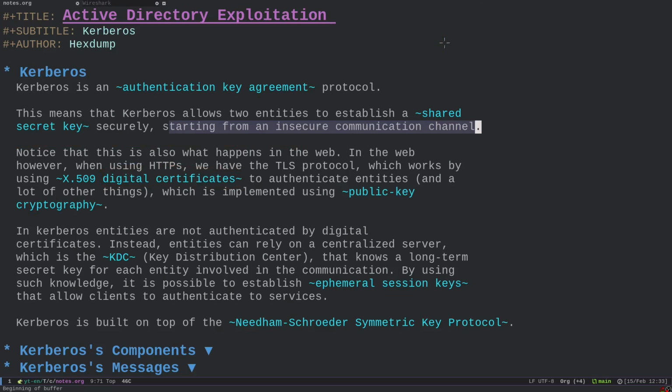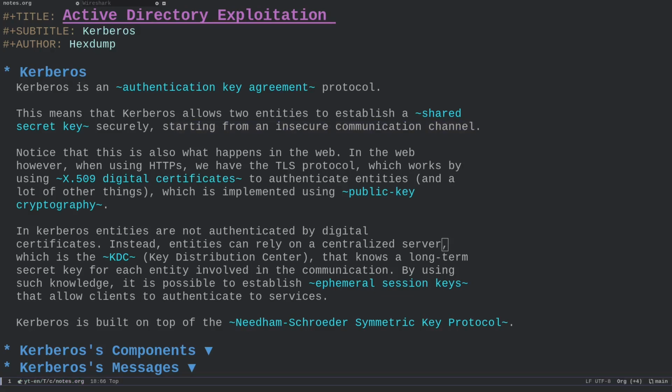But in the communication itself, there are just two parties communicating: the client and the server, and they exchange certificates and things like that. But at the end of the day, in the communication itself, we just have the browser and the server, and they establish a secure channel like this.